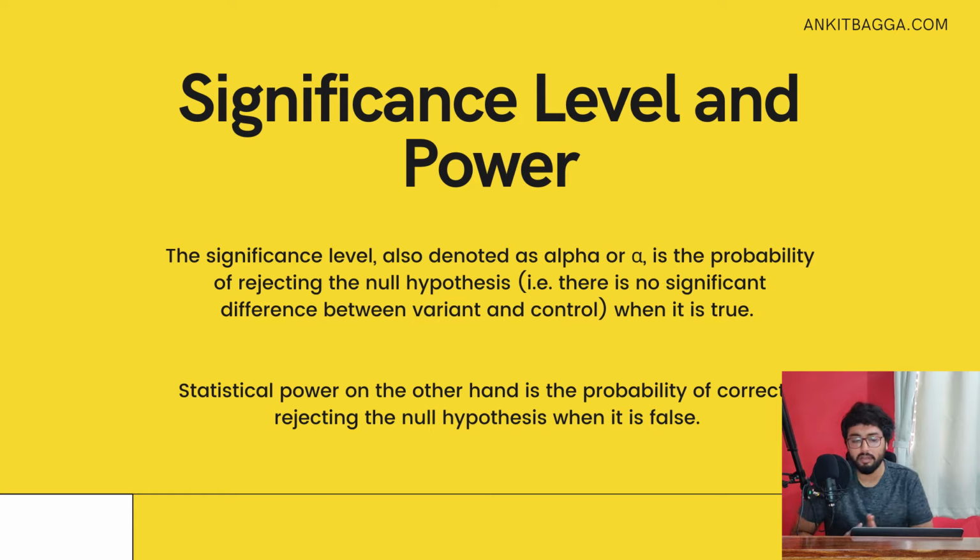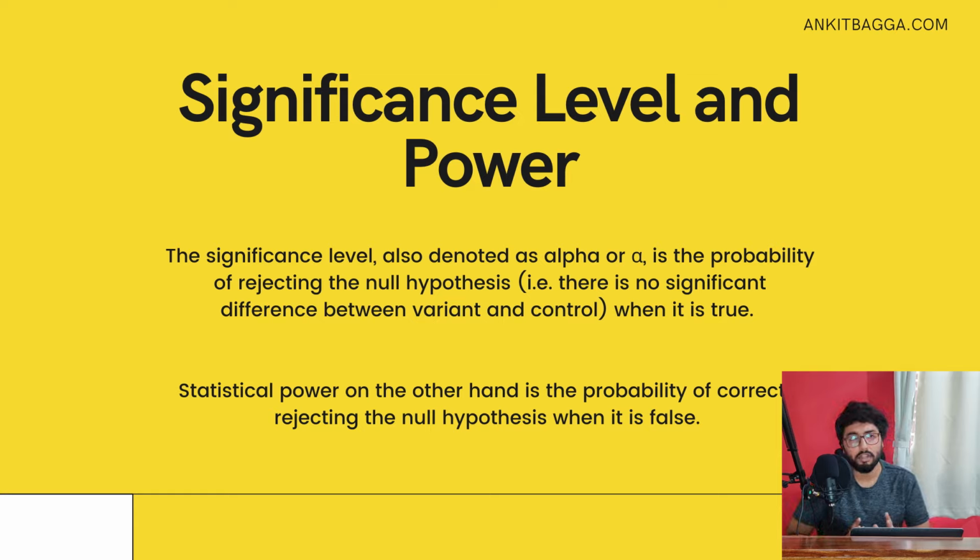The second is the concept of statistical power, which is the probability of correctly rejecting the null hypothesis when it is false. The problem is that there could be a situation when there is actually a difference between A and B, and we are saying that there is no difference.